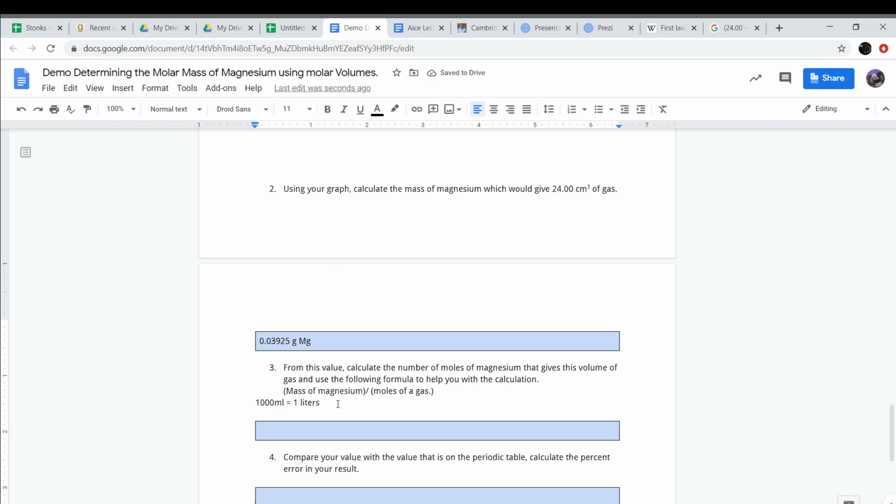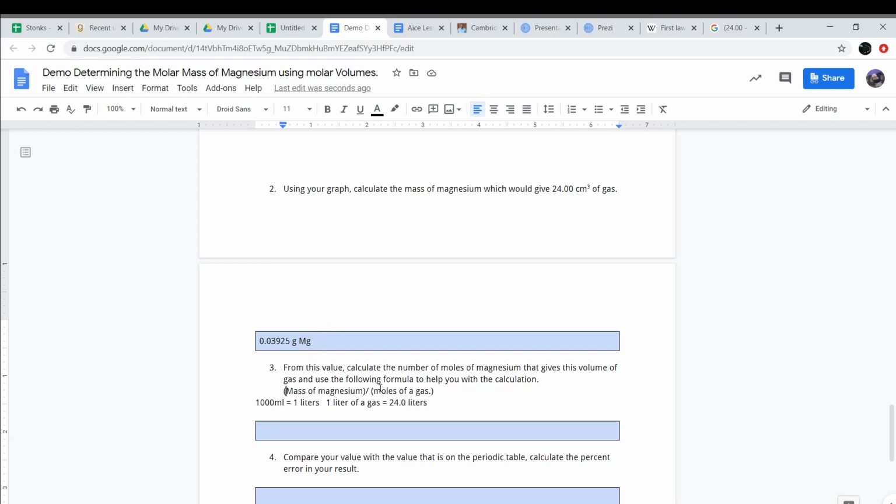Okay. And if we know that 1 liter of a gas equals 24.0 liters, then we can determine that because this number right here is 1/1000th of a liter, that this number is also off by a calculation of 1,000. Okay?